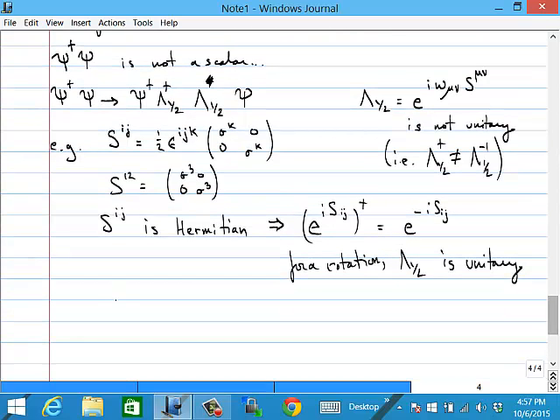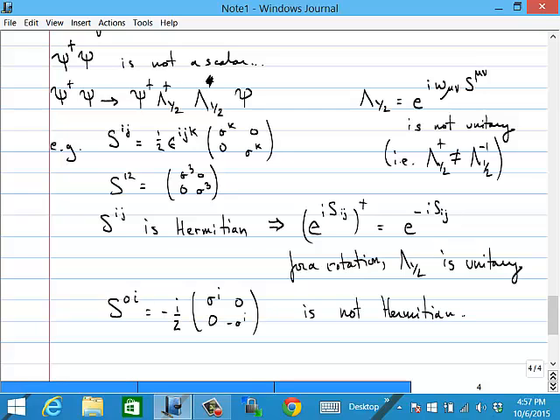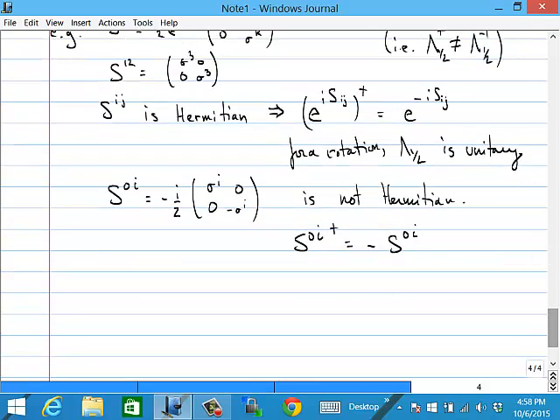On the other hand, S0i is the generator of boosts. And this is not Hermitian. In particular, S0i dagger is minus S0i rather than plus S0i. So that means that for a boost, lambda to the 1/2 is not unitary.